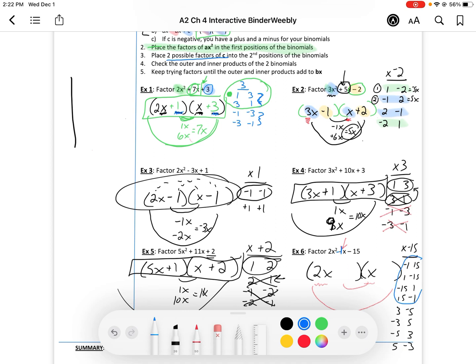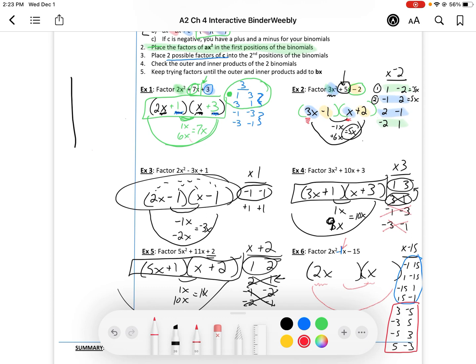These numbers here are drastic to me. There's a drastic difference between 1 and 15, or factoring in the negative, 1 and negative 15, or vice versa. These are less drastic. So I'm feeling really good about the red box. I'm going to try with those numbers first.